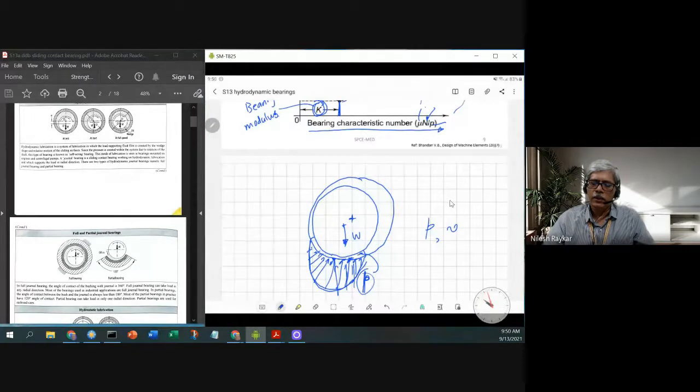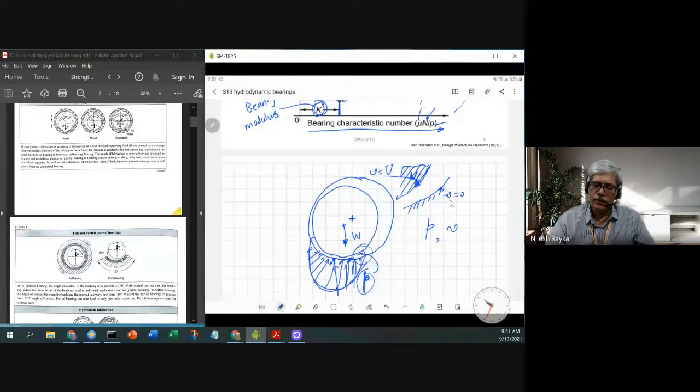So if you look into this oil wedge, if I zoom this particular part, this is the sleeve and this is part of the shaft. The shaft is moving at some RPM, because of which it has got some velocity which I am calling capital U, and the sleeve is stationary, so the velocity is 0, and at the upper point the velocity is equal to capital U. In between them there is a variation of velocity, so the velocity distribution will be different.